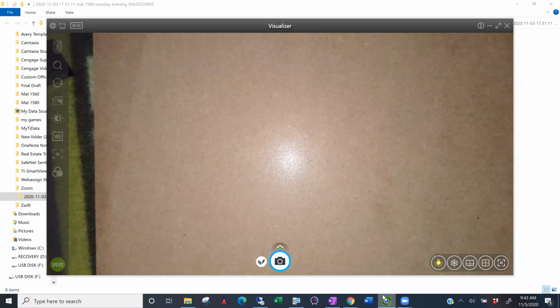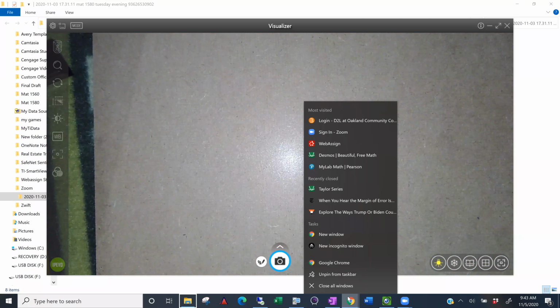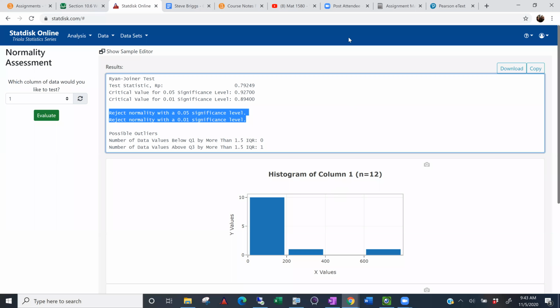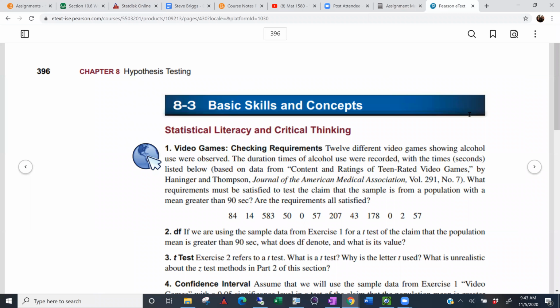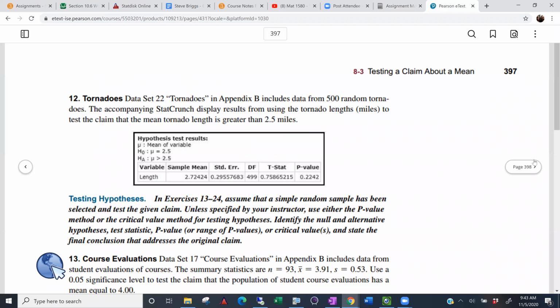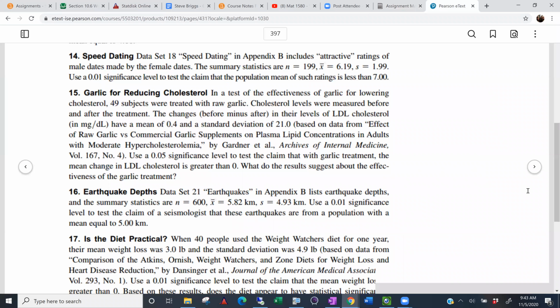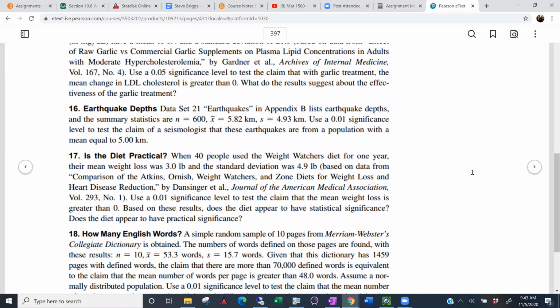We're going to turn to the book to do one. I want to be on page 397. Let me flip over a page. We're going to do problem number 16. Scroll down a little bit. Now they actually give us some summary statistics, but just for practice, we're going to do this all ourselves.